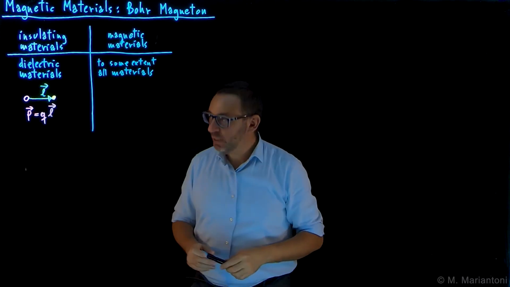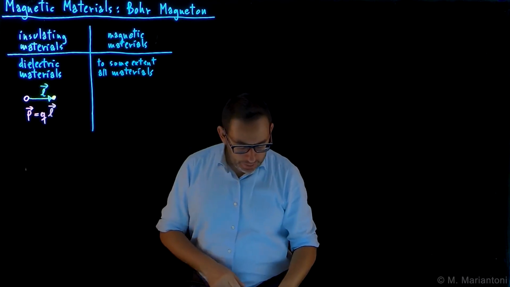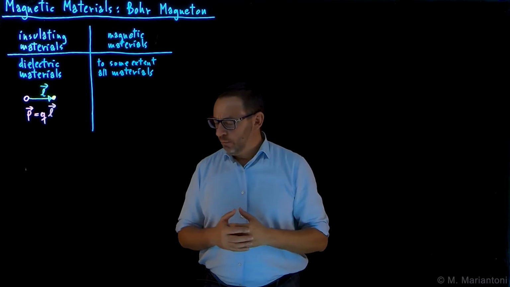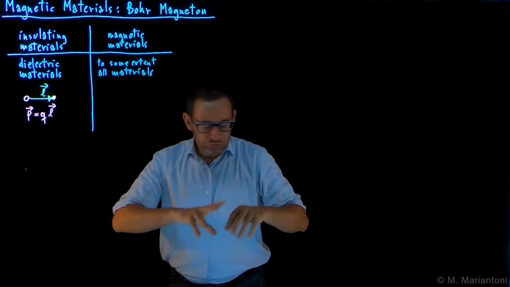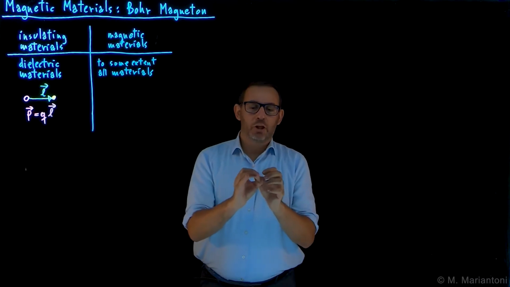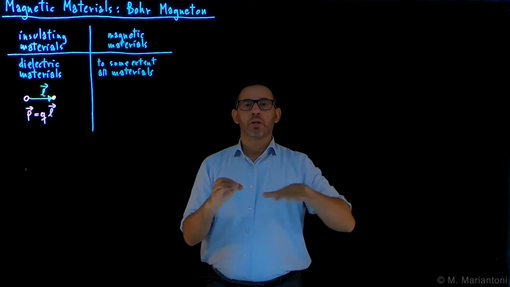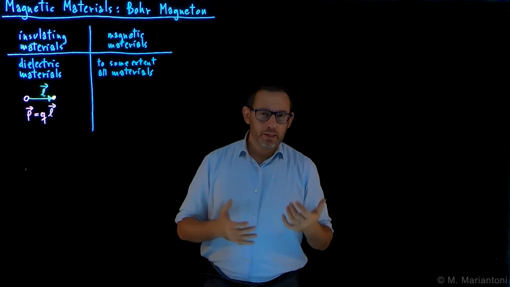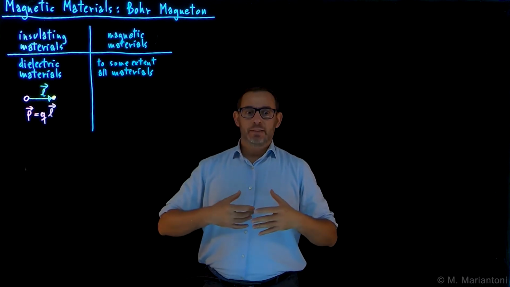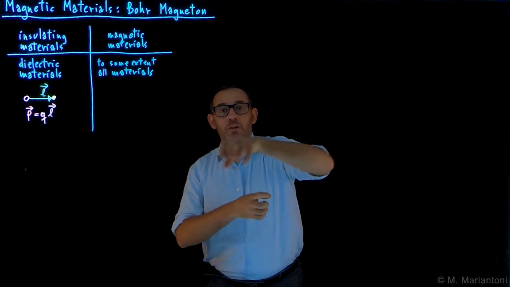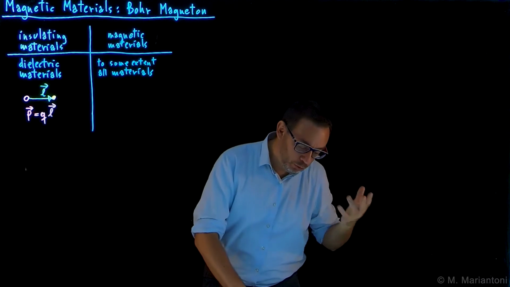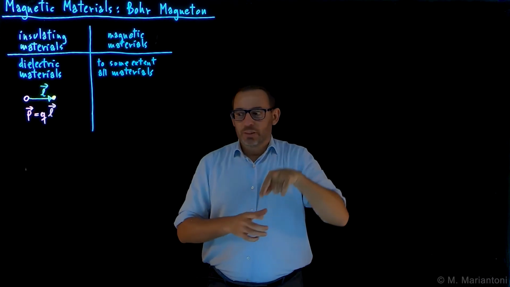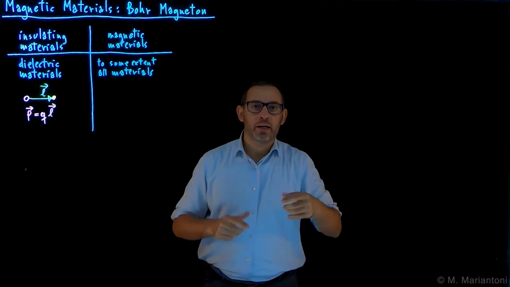Let's suppose that we consider an atom with some protons and electrons moving around, in a very simplistic model of such an atom, the planetary model. And so we have the electrons moving around the protons, and these electrons generate effectively a current around the protons.